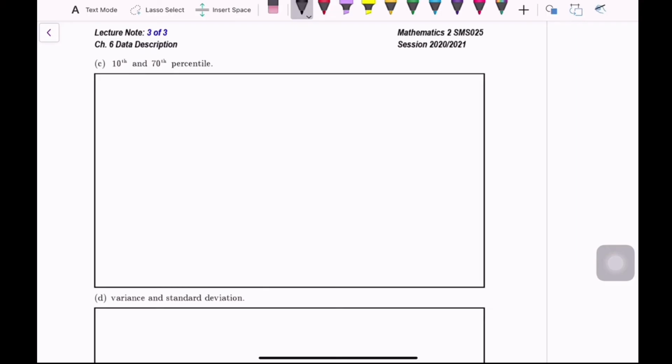The 10th percentile is P10. So P10 is 30 times 10 over 100 observation, which is equal to the third observation.